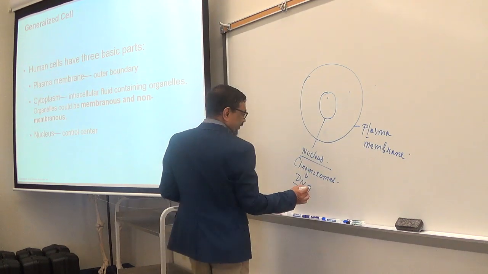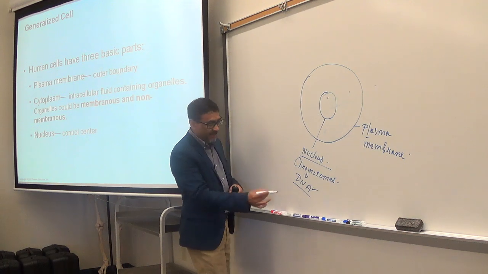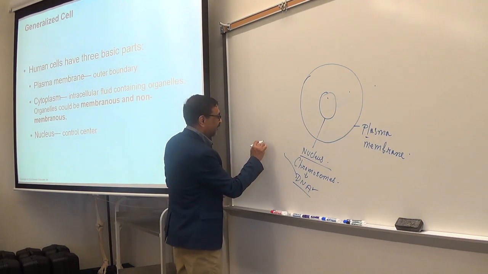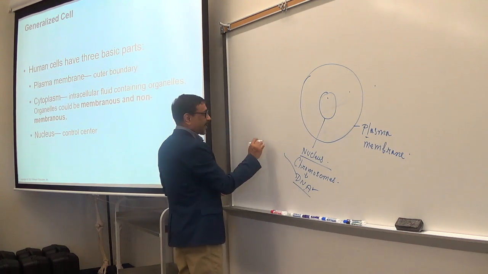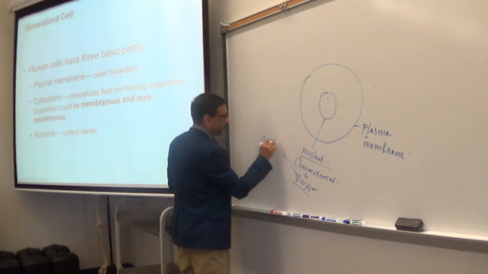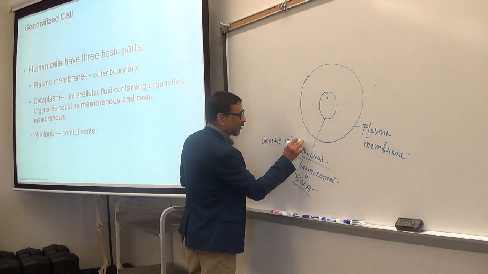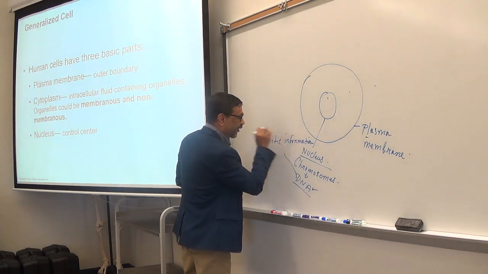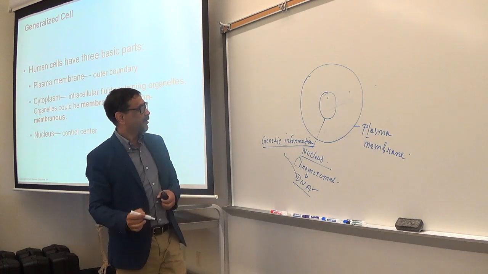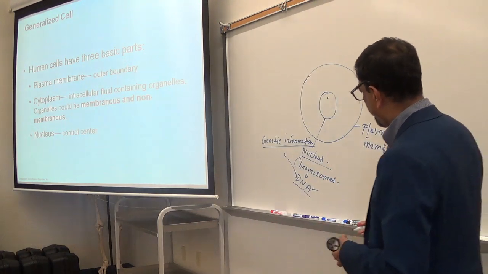And nucleus contains DNA, deoxyribonucleic acid. DNA is the structure inside the nucleus that encodes genetic information. Okay? Genetic information. That means hereditary information is transmitted from the parents to the offspring.